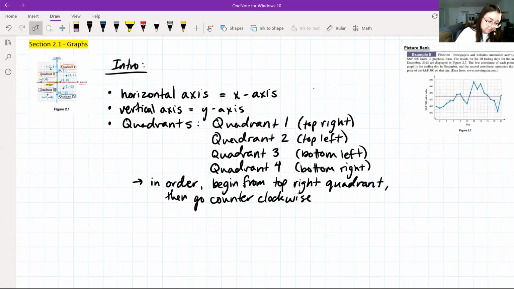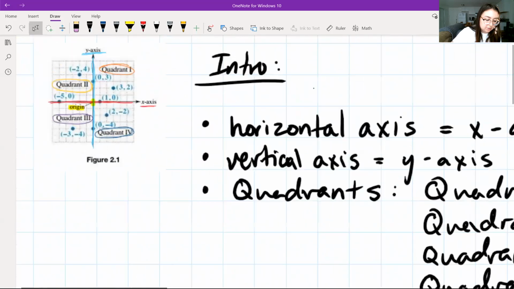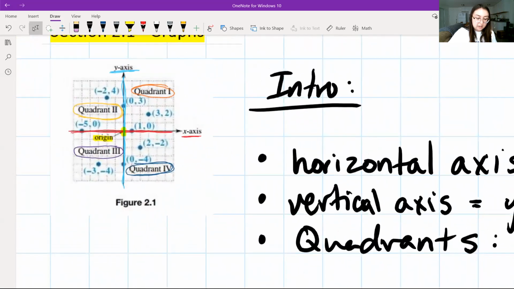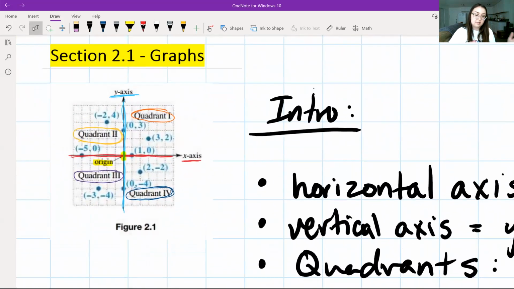Okay. So now we've seen in our figure 2.1 how our plane is split up and how we would have our ordered pairs.